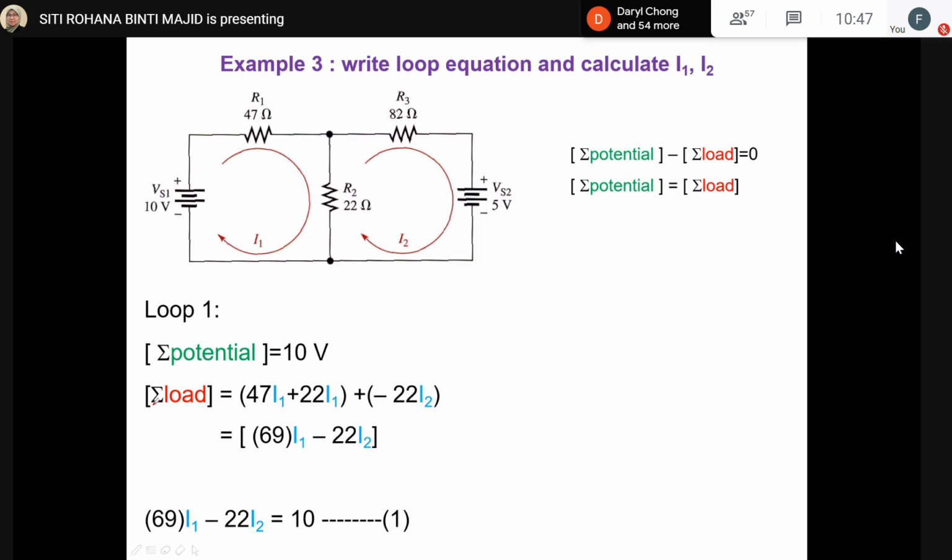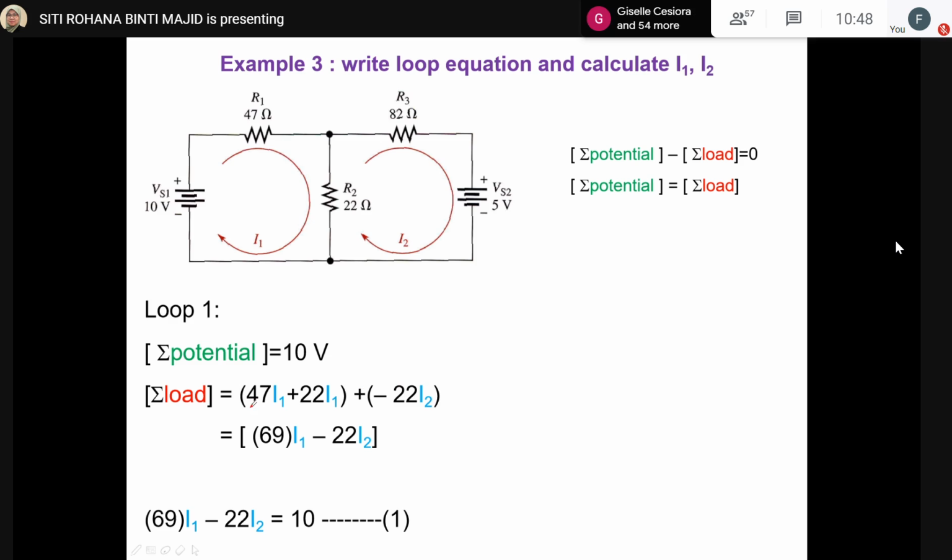So now we want to calculate the total load. So 47 experiences I1, and then the same thing with R2, which is 22 I1, and then R2, which is 22, also experiences I2 current flow through it, but in reverse direction. So this one should be minus.